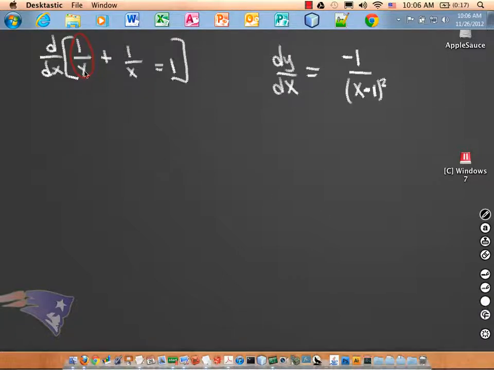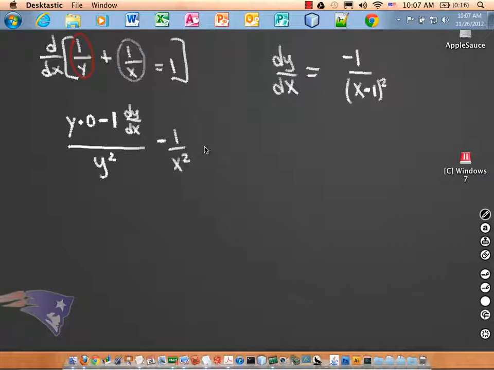So low d high minus high, what's d low? dy/dx. All over low. That's the first part. Now this next part's not so bad. What's the derivative of that? Negative 1 over x squared equals 0.